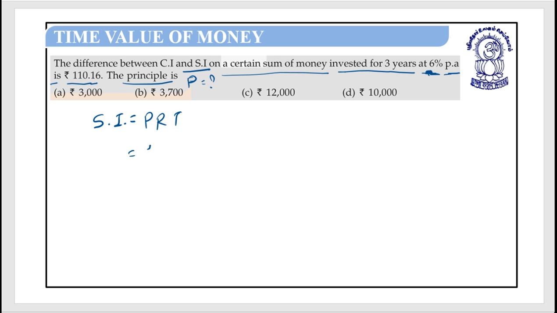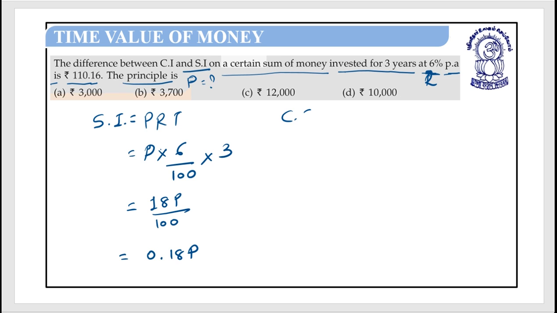Here P is unknown, so we have to find out. R is 6%, so 6 by 100 into T, invested for 3 years, multiply with 3, 3 6s are 18. 18P by 100 is equal to 0.18P.